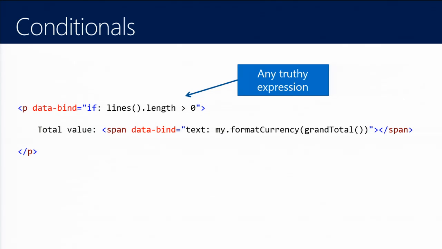And DOM reflow, which is the act of actually adding elements to the DOM and taking it away, is expensive in all browsers. So if you just wanted to hide or show it, a better way is instead of using the if, would be to use the visible binding. Let it go ahead and bind to visibility. It's much less expensive to hide and show things than it is to add and remove.